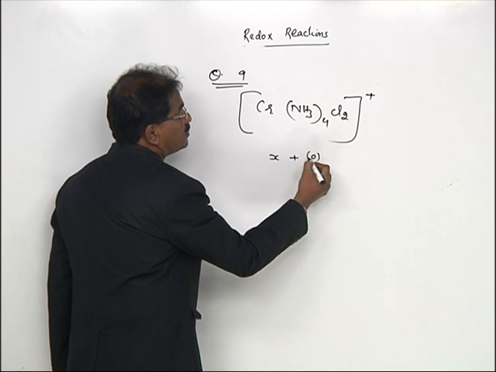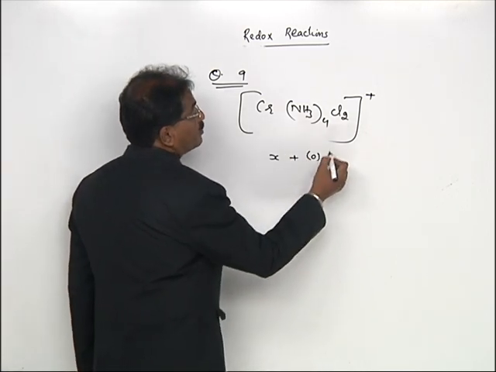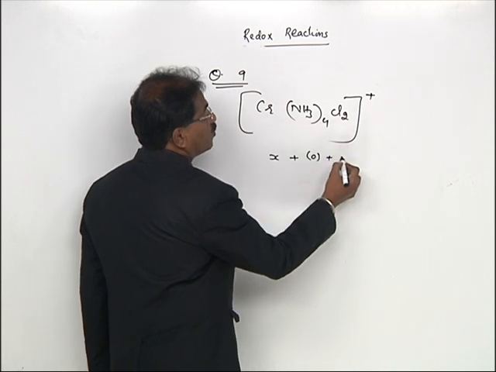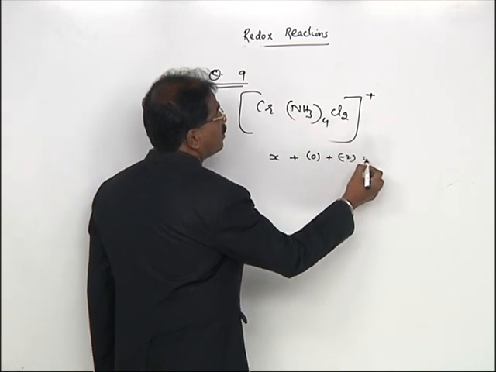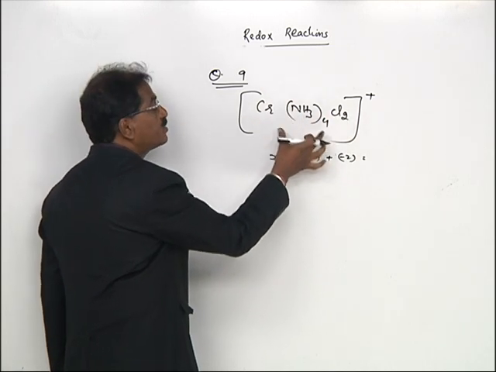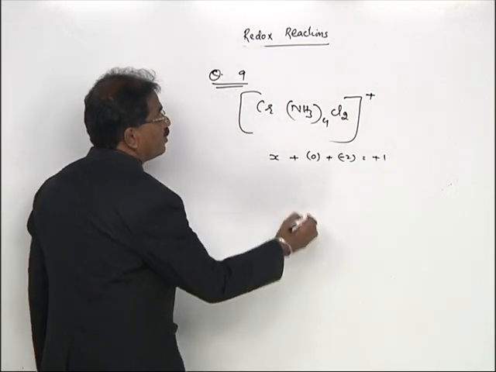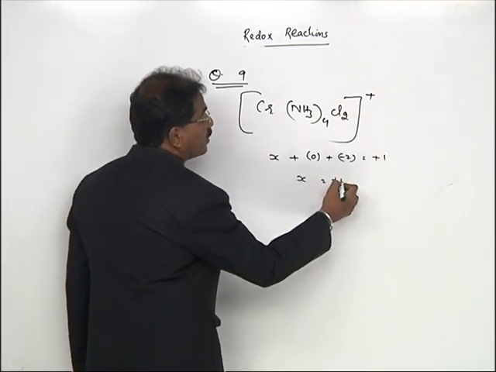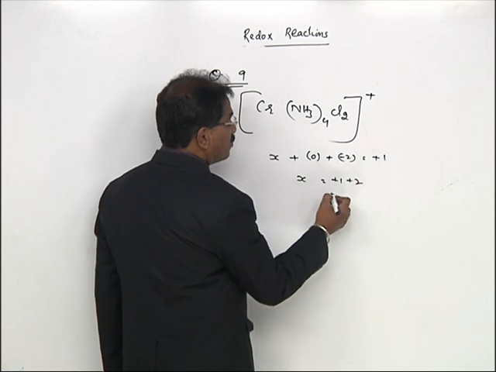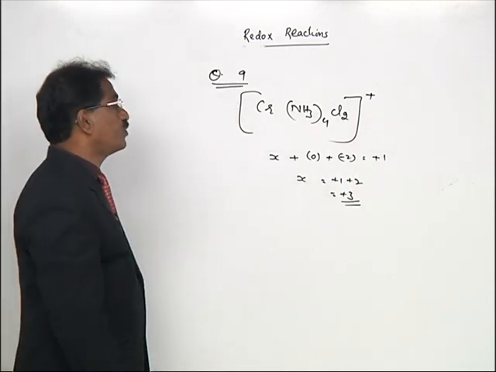Therefore, the oxidation state contribution of ammonia is 0. Next, chlorine is -1, and 2 chlorine atoms are there, so -2. The sum of the oxidation states of all species in the coordination sphere is equal to the charge shown over the coordination sphere. Therefore, X is equal to +1, here +2, therefore +3. So, the answer is 1.